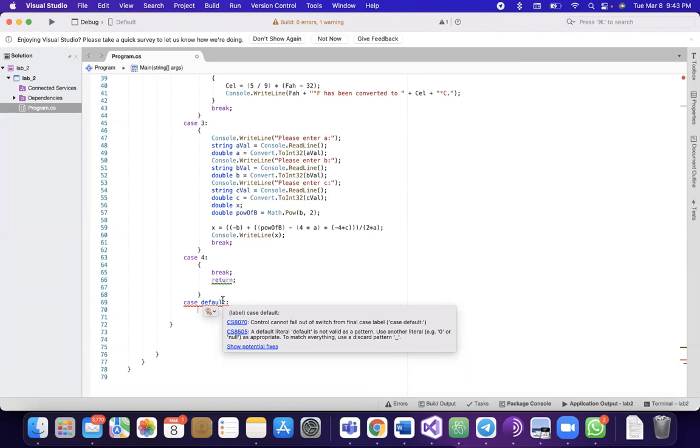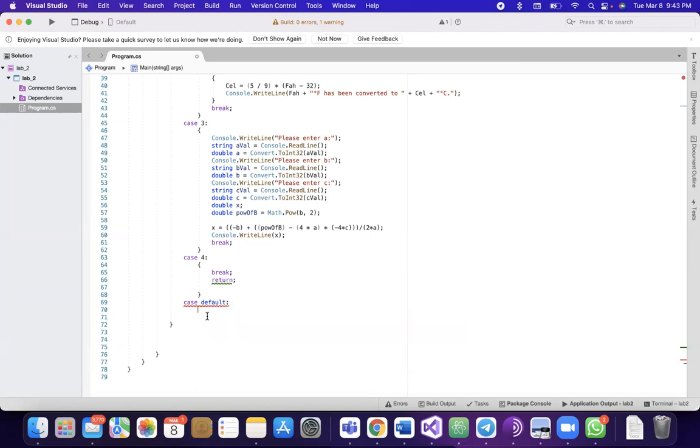Actually, we should only put input 1, input 2, input 3, because input 4 would be causing the person to exit. Okay, so does everyone understand what we're trying to do here?